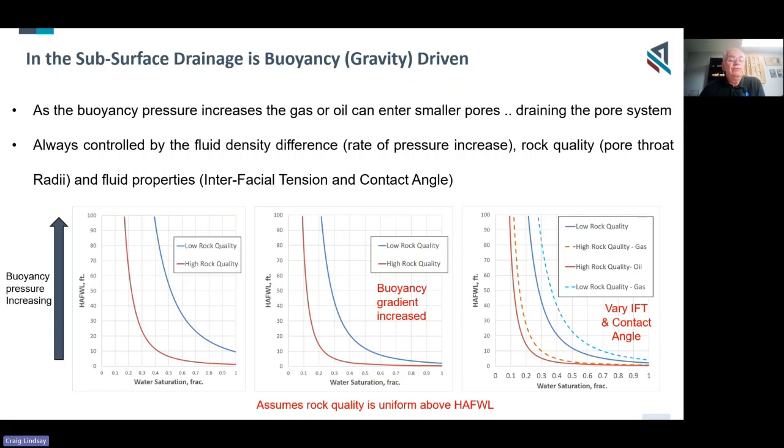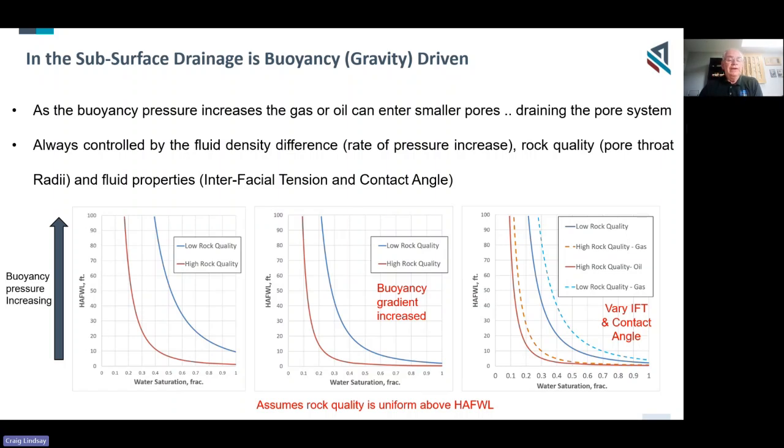The left-hand curve is a high rock quality, say 500 millidarcies, 25% porosity. The blue curve is say 100 millidarcies, 15% porosity. Because of that, the pore throat sizes will be different, and that affects how much fluid can enter those pores as a function of height above free water level, less in the case of the lower quality rock.